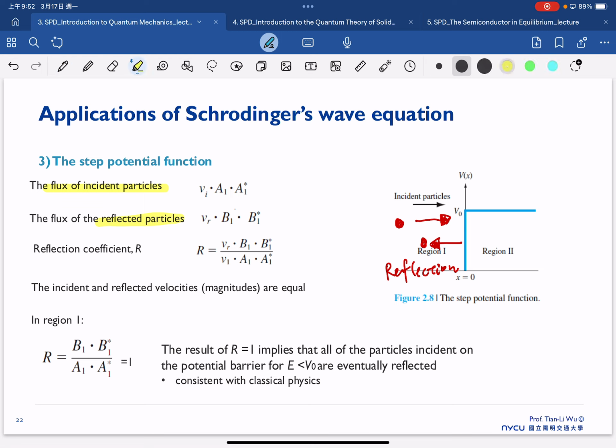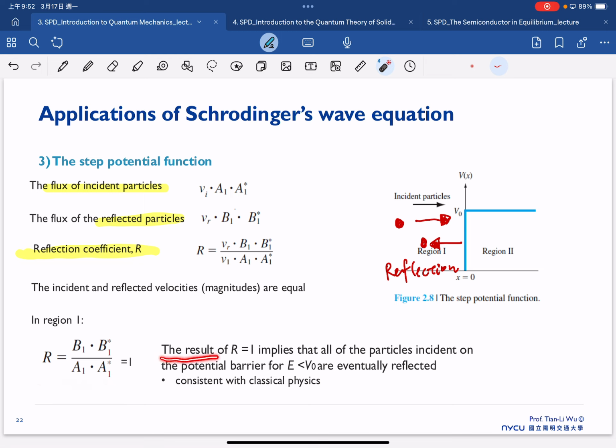So now the reflection coefficient can be calculated here. In the case of a region with a constant potential, we can consider that the incident and reflected velocities are equal. So in region 1, we have this result as shown here.